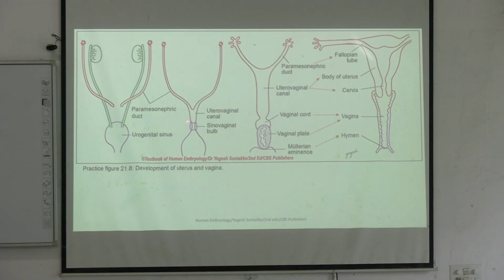The lower part forms a swelling, the sinovaginal bulb, which eventually forms the vaginal plate and subsequently forms the upper part of the cervix, the lower part of the cervix and the vagina. So the paramesonephric duct in the female forms the fallopian tube and the uterus, the fundus, body and the cervix, and then the vaginal tract is developed from it.